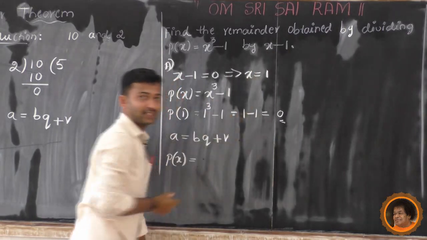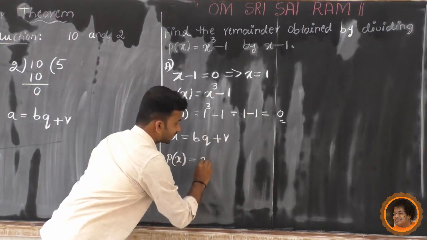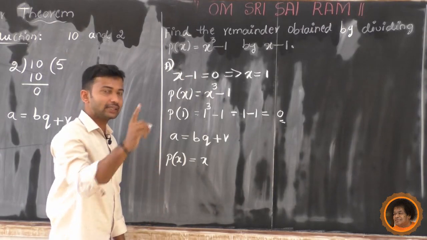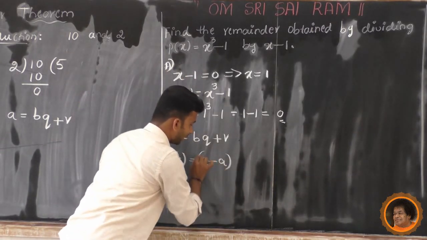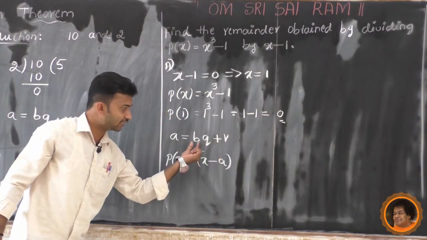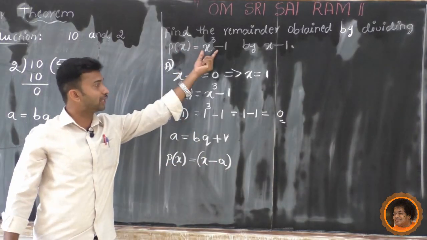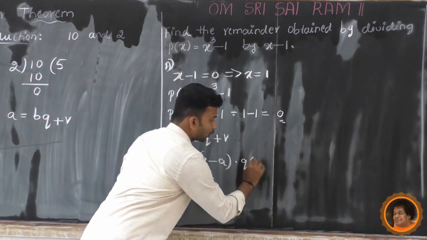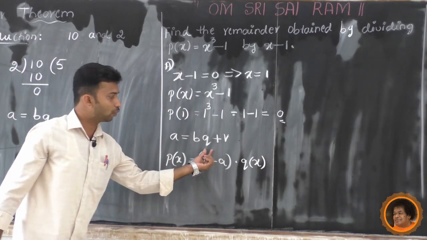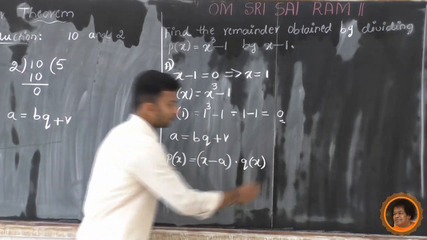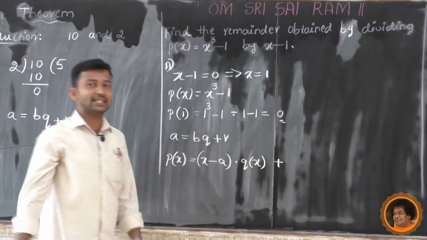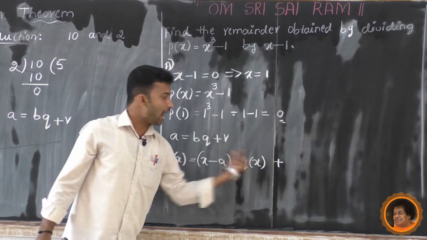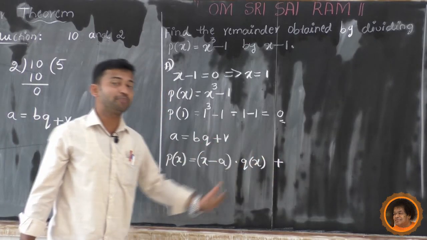What is the divisor here? X minus 1, but x minus 1 is a polynomial in the form x minus a. X minus a is the divisor, p of x is the polynomial, and quotient is q of x, plus remainder is r of x, or we can write r of x or p of a.